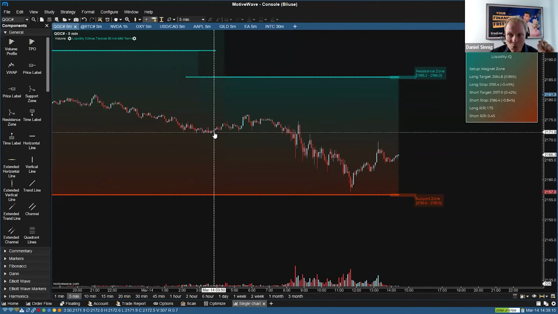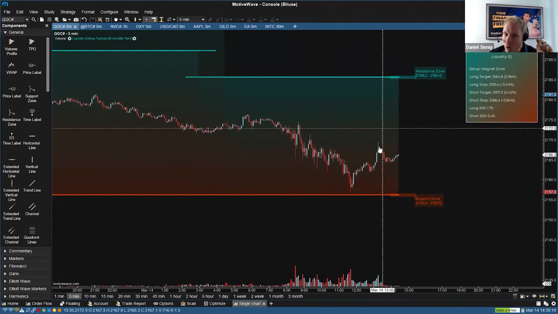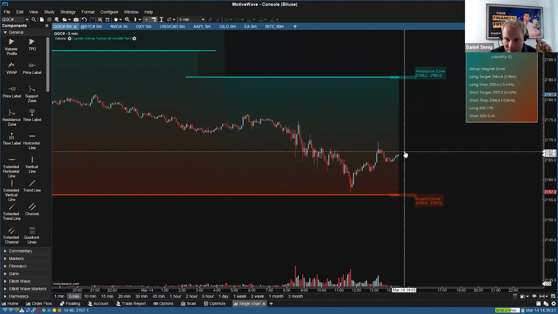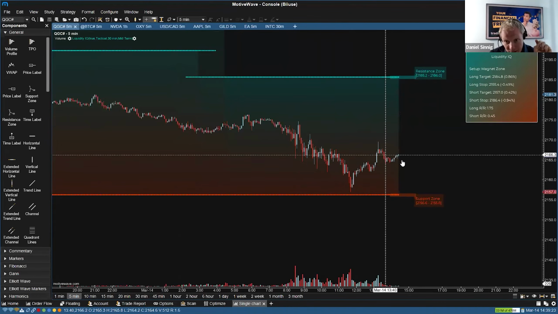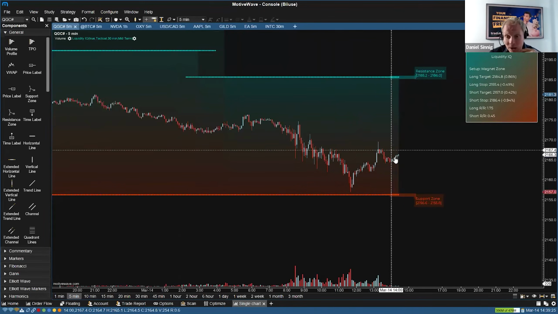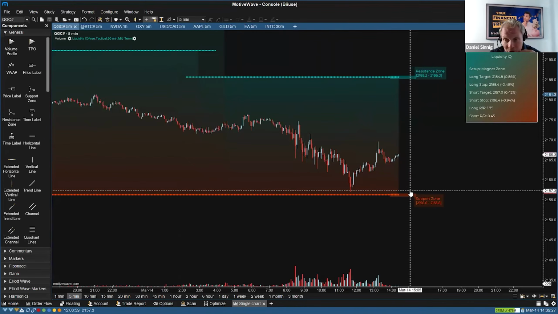Because I know my short-term sentiment is bearish, I would make the educated bet that price, even though we had this bounce here, will next reapproach the support zone down here. And I can formulate my trades around this.